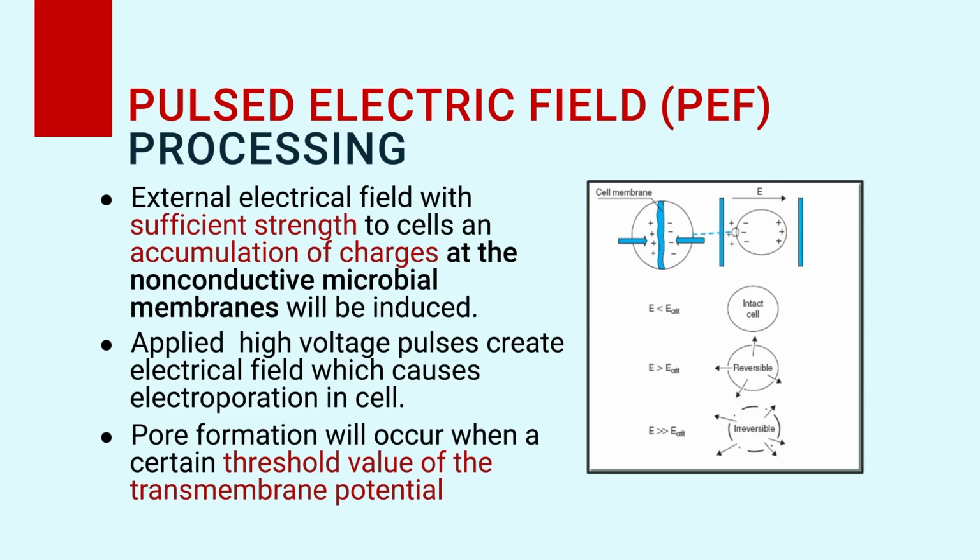And once it is sufficiently large, it will cause irreversible damage to the cell. The cell will not repair thereafter, and that would be the inactivation of that cell, through the potential developed due to the distribution of ions, which is called transmembrane potential.